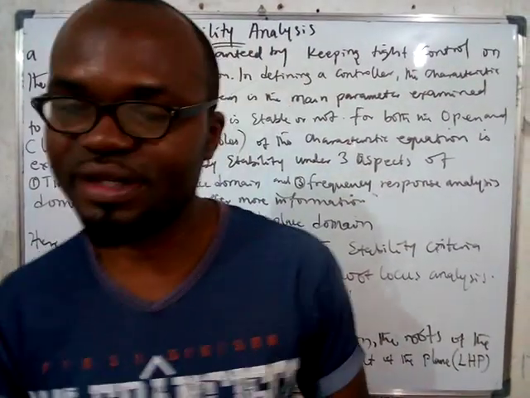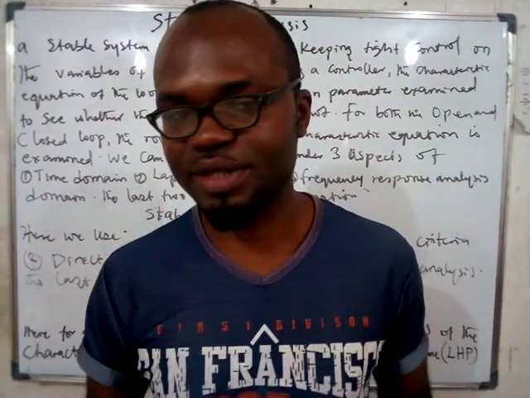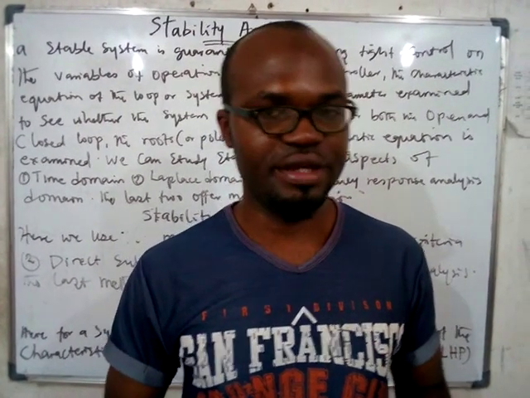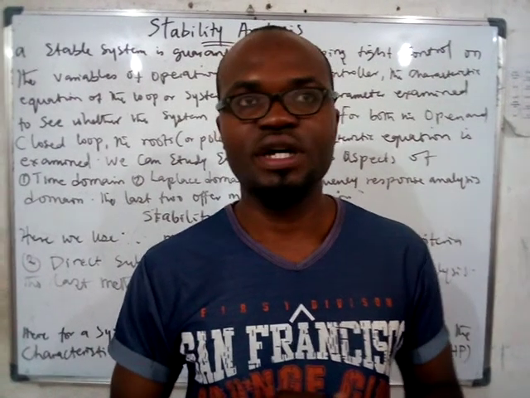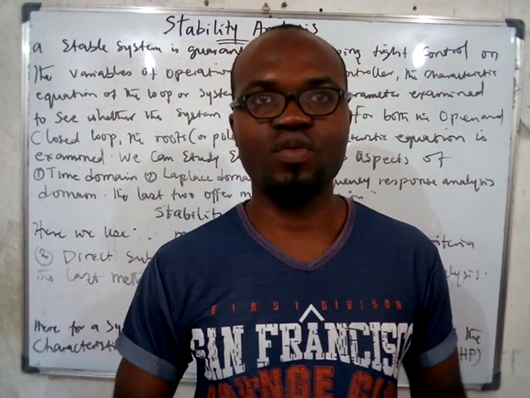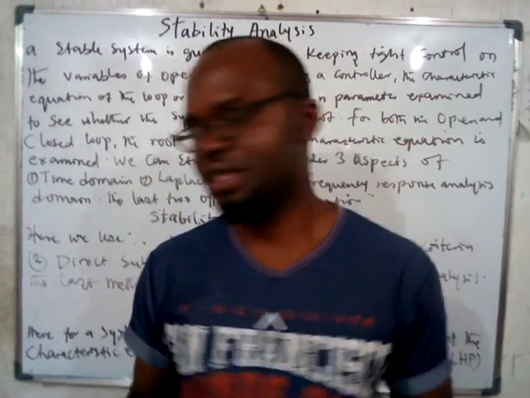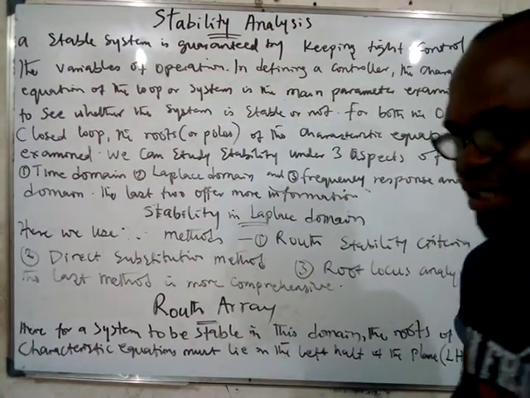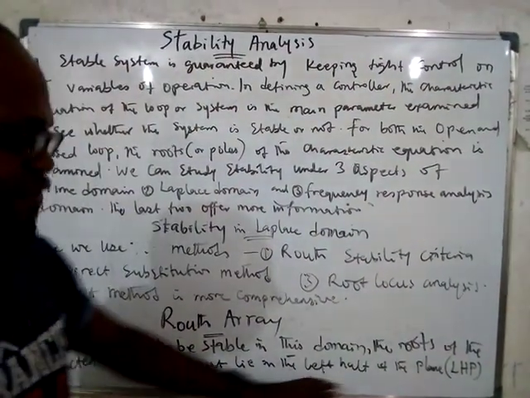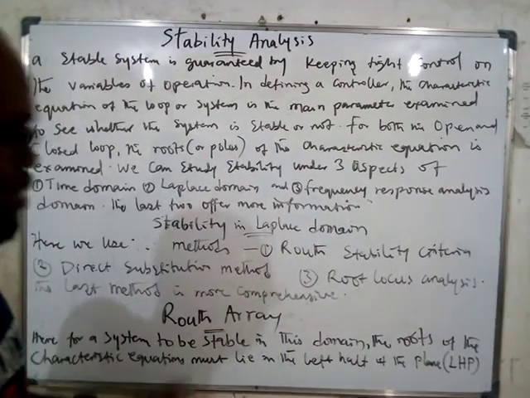If the roots lie on the right-hand side of the plane, then the system is not stable. So in using the Routh array, you basically check whether the roots are lying on the left-hand side of the plane. Once that is ascertained, then the system is said to be stable.